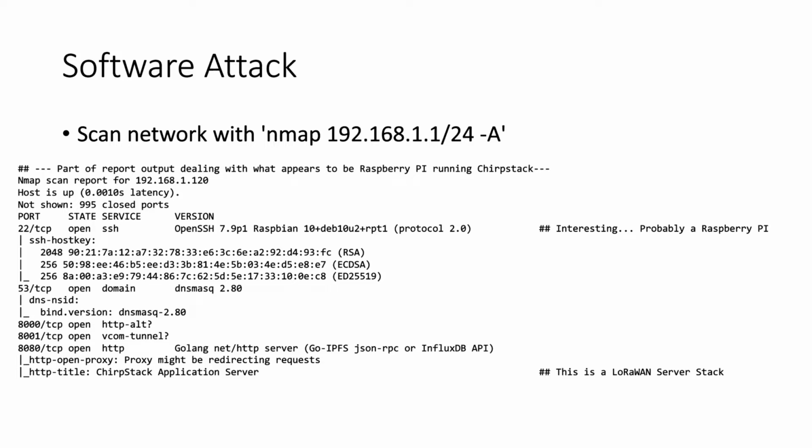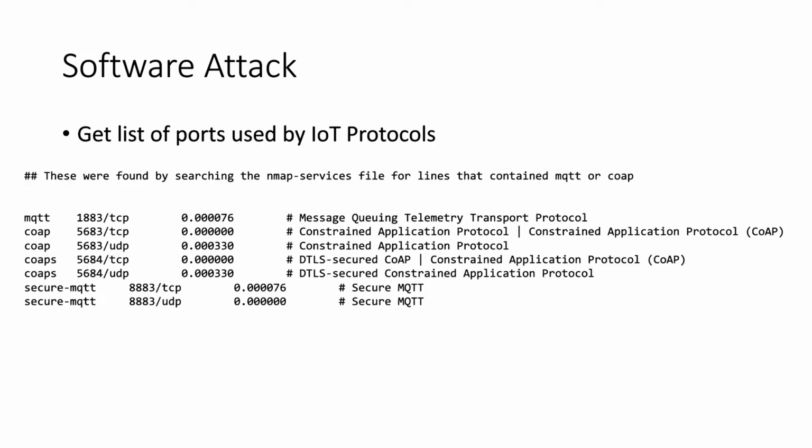And we can work out that ChirpStack is a LoRa server stack that handles a bridge to the gateway as well as an application and network server. So that tells us that we probably have an IoT server running on a Raspberry Pi at this 192.168.1.120 IP address. So we will use that in just a second.